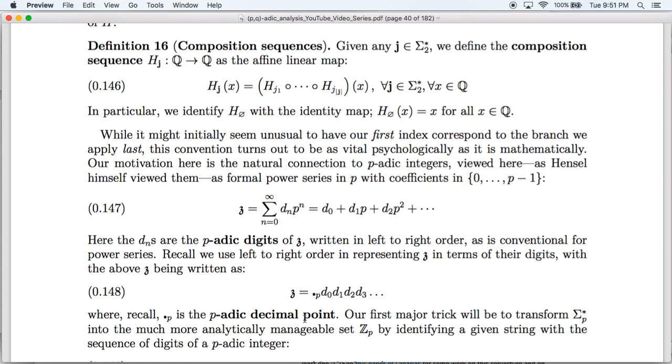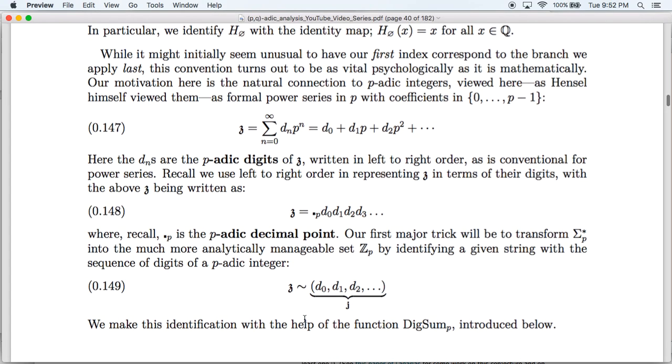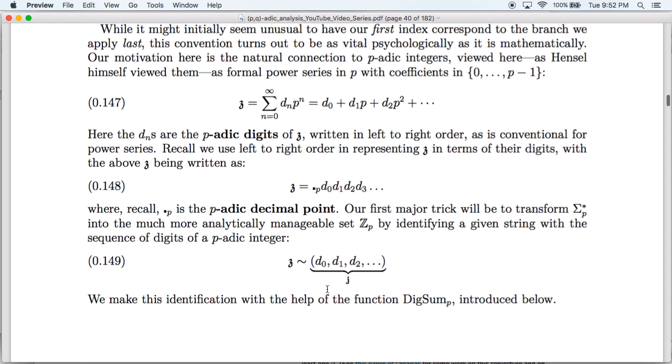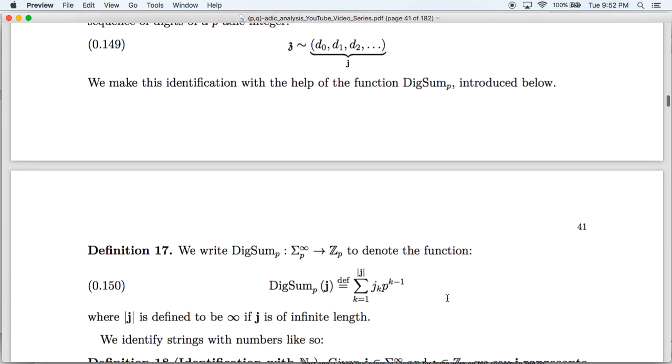What we're going to do is identify the digits of a given string, or the entries of a given string, with the digits of a p-adic integer. Specifically, we're going to identify z with the string whose elements are its digits. We're going to do this with the help of a function I call digit sum, introduced below.